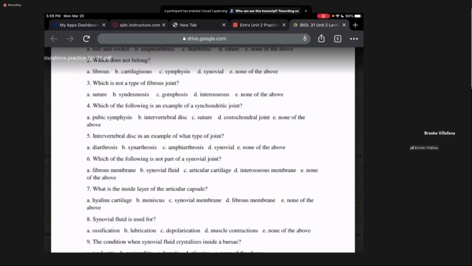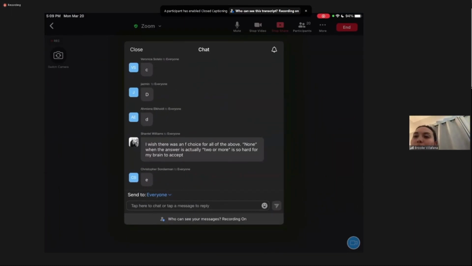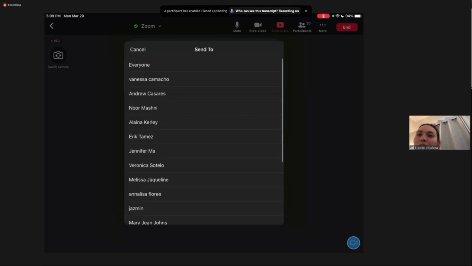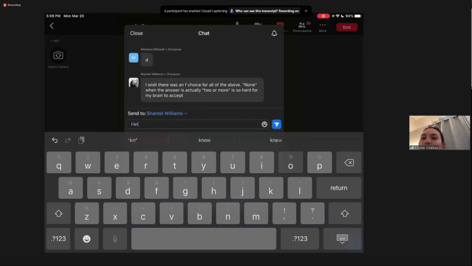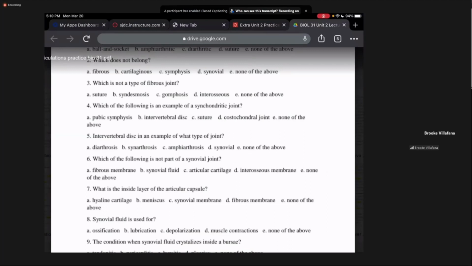Number 5, intervertebral disc is an example of what type of joint? All right, let's all answer question 4.